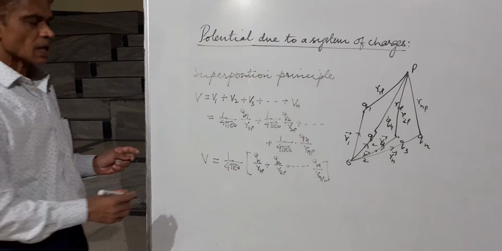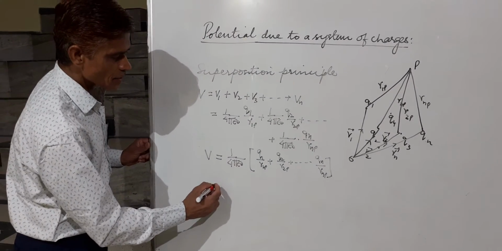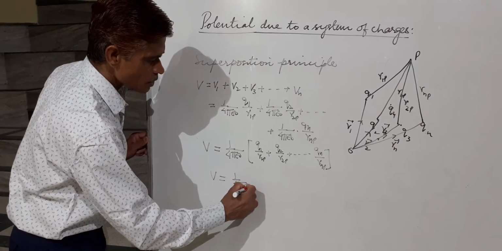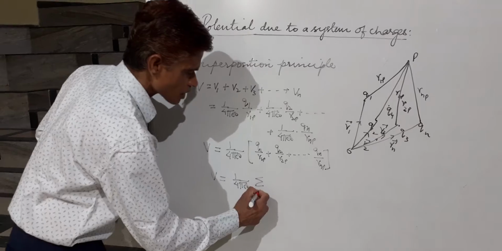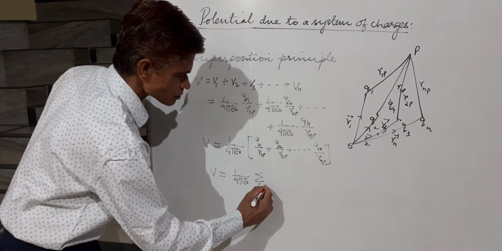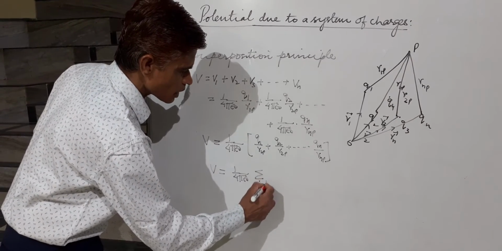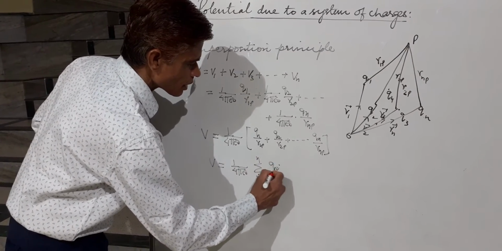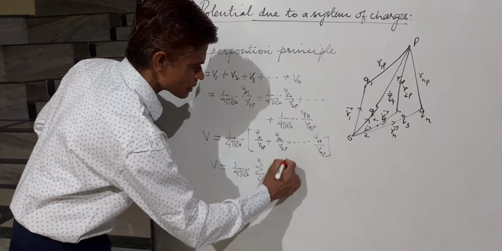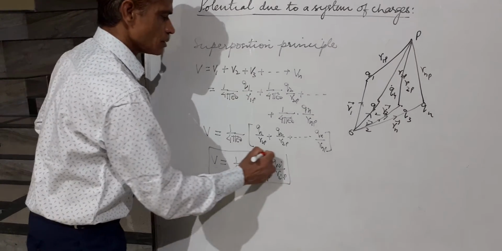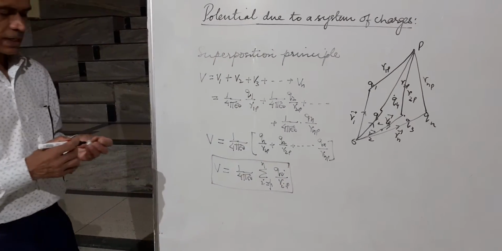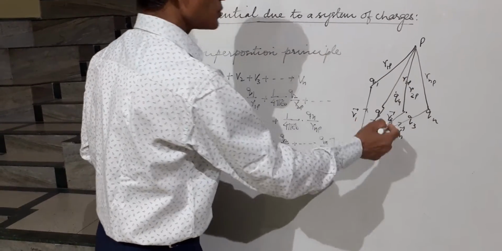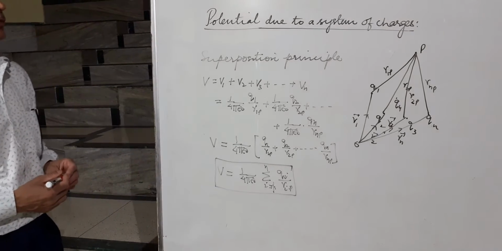So in summation form we can write V is equal to 1 by 4 pi epsilon naught summation i equal to 1 to n, Qi upon RiP. So this is the net electric potential at point P due to this system of n charges.